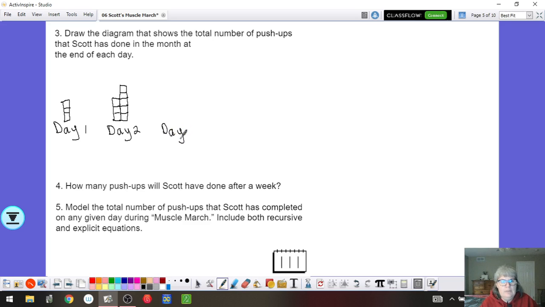Day 3, we have the 3 from day 1. We have the 5 from day 2. And then we have 7 from day 3.